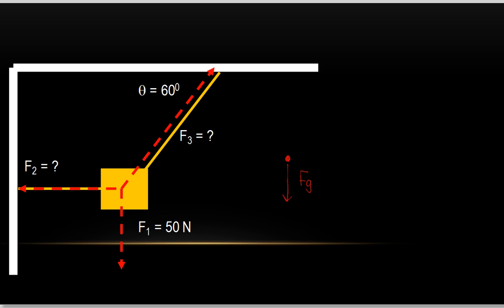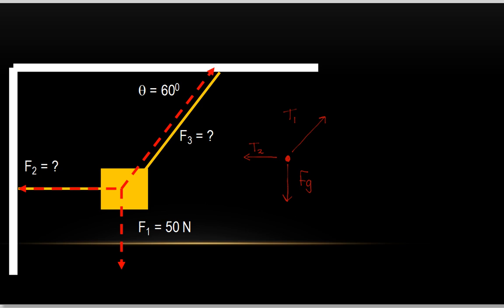Now to support that weight, the mass has strings attached to it. One of the tensions, let's call that tension 1, is off at an angle like this. And the other tension is off at a horizontal like that. That's the free body diagram.